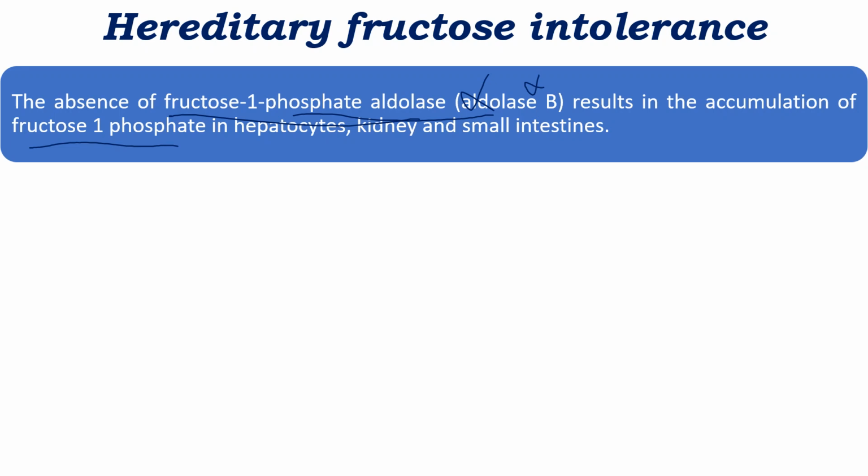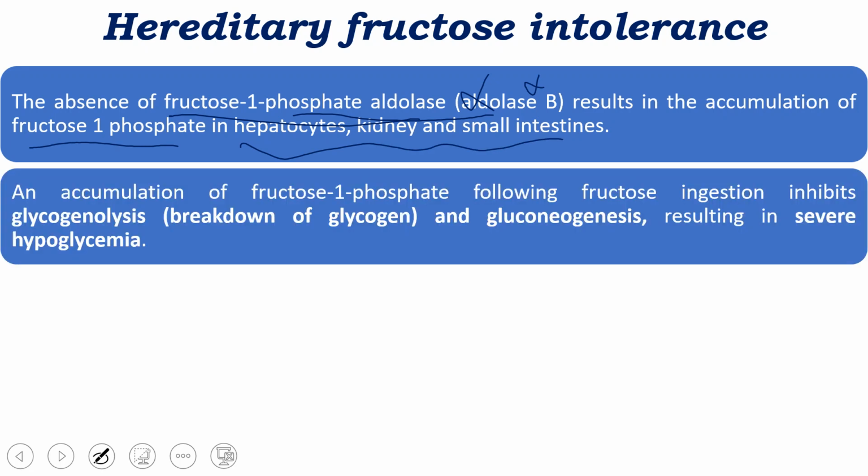As soon as we are having accumulation of fructose 1-phosphate in the hepatocytes, kidney or small intestines, this fructose 1-phosphate is going to inhibit two important processes. One is glycogen degradation. So no glycogen degradation will be there, means no glycogen to glucose conversion. Normally glycogen is converted into glucose through glycogen degradation.